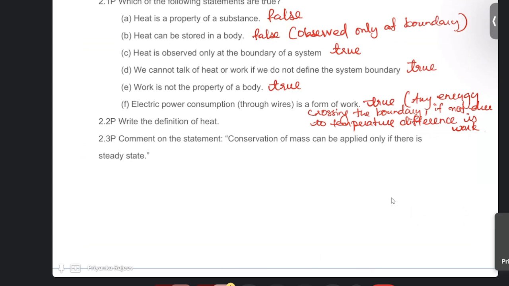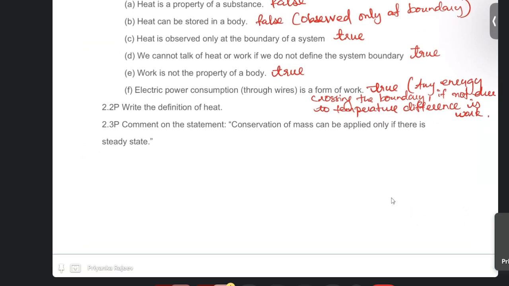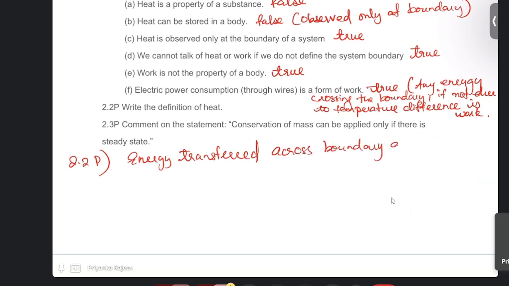Okay. Now definition of heat. Heat is energy transferred across the boundary due to temperature difference between system and surrounding.